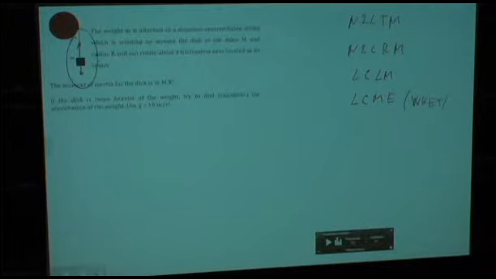So for this object, the list of the laws should pop up in our head, and you should screen it and choose the one which you want to try. You're not sure if it's going to work, but which do you want to try?